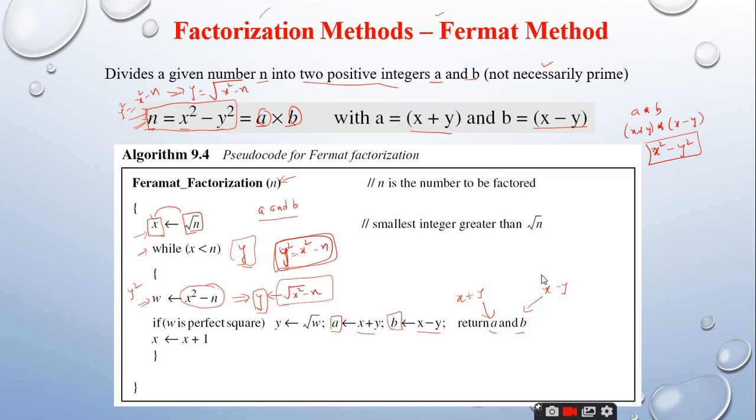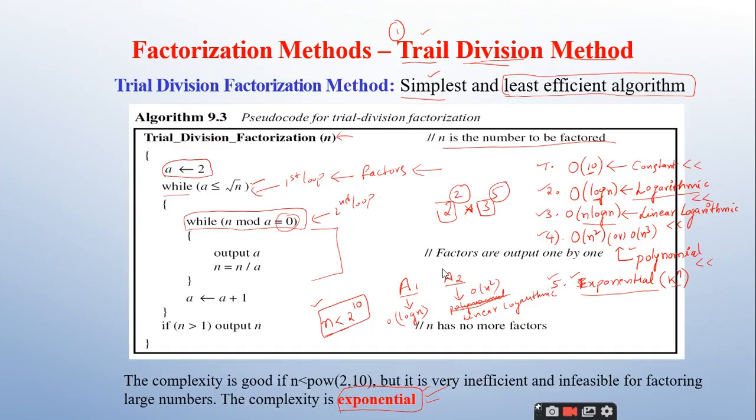By looking at this Fermat's factorization method, the complexity of Fermat's method is sub-exponential. What do you mean by sub-exponential? In the previous algorithms, we have seen the different algorithmic complexities, that is constant, logarithmic, linear logarithmic, polynomial, exponential.